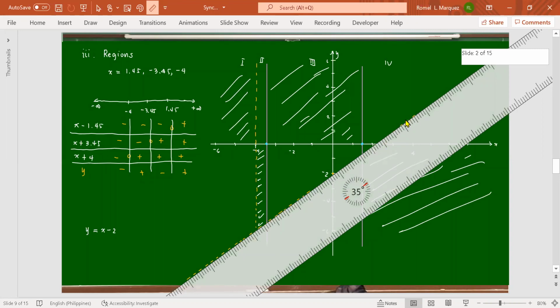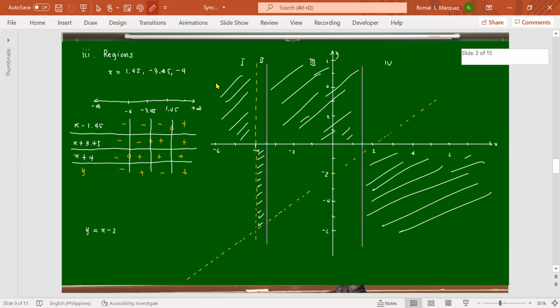Yan, lagyan natin ng guide para alam ko lang kung saan mga meron. Gagalaw na naman yan later. Okay, tama na siguro yun. Okay now, children? Yes, sir. Tama ba yung aking slant asymptote, y equals x minus 2, guys? Yes po. Any question?